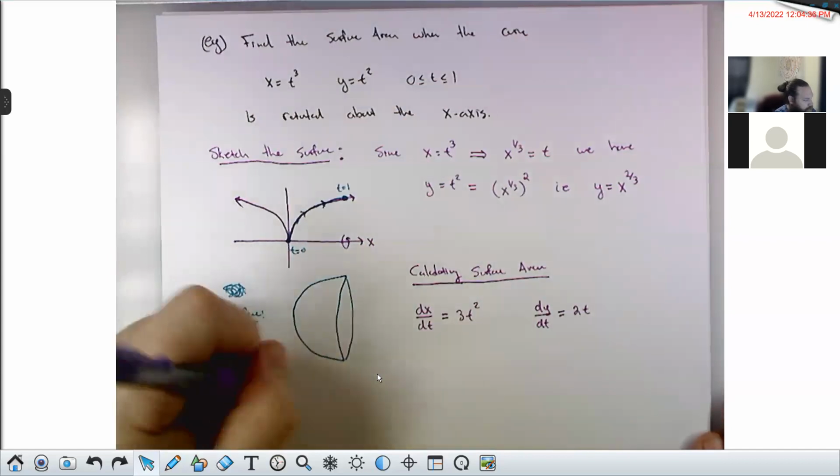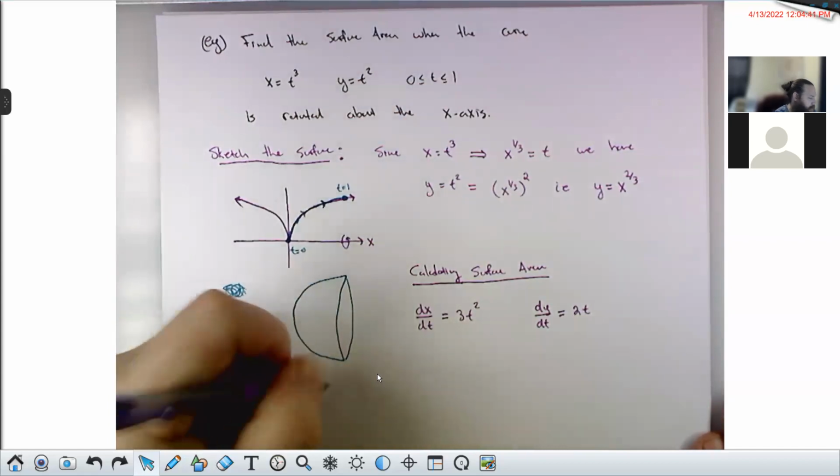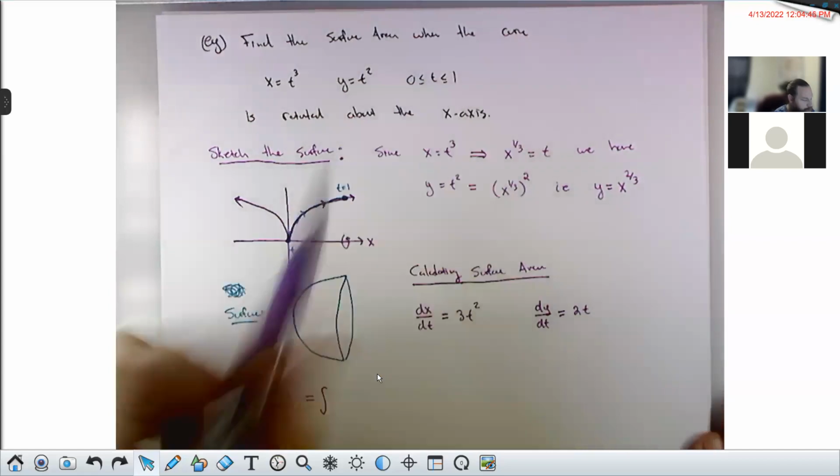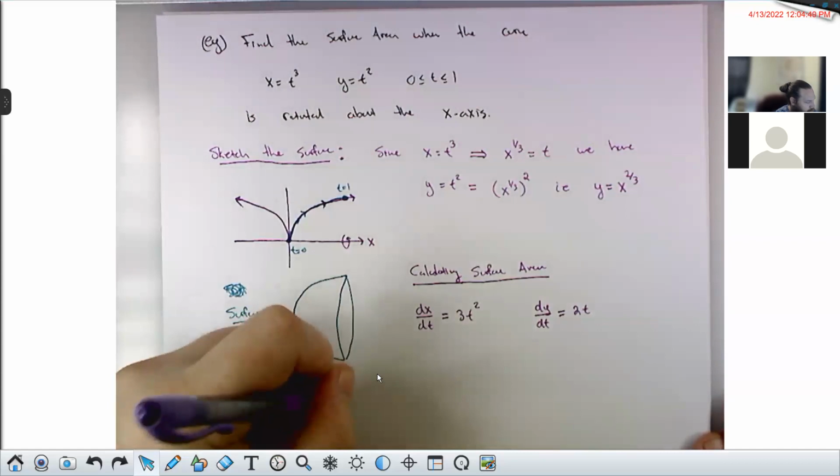And that means that my surface area is going to be the integral from a to b, from 0 to 1, of 2 pi.